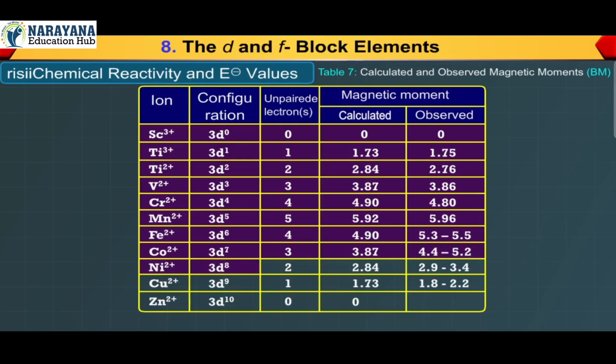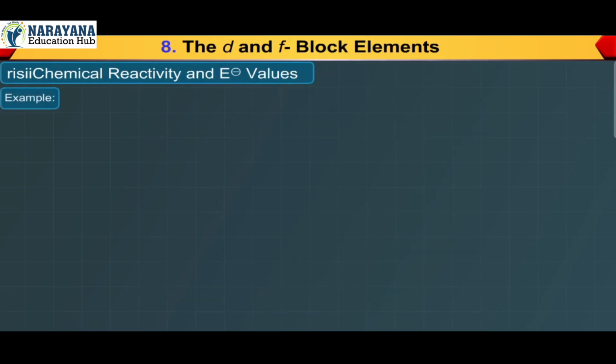Ni2+, 3d8, 2, 2.84, 2.9 to 3.4. Cu2+, 3d9, 1, 1.73, 1.8 to 2.2. Zn2+, 3d10, 0, 0.